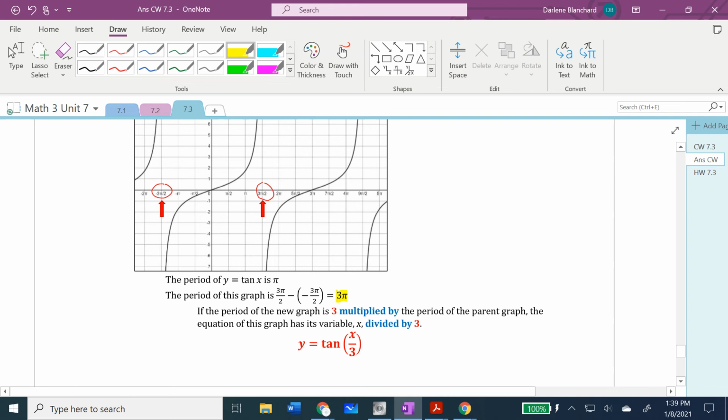The period of a normal tangent graph is pi. So I can see that if I have to multiply the normal tangent graph's period by 3, then I need to divide the equation's x by 3. And so we're getting that this is the answer.